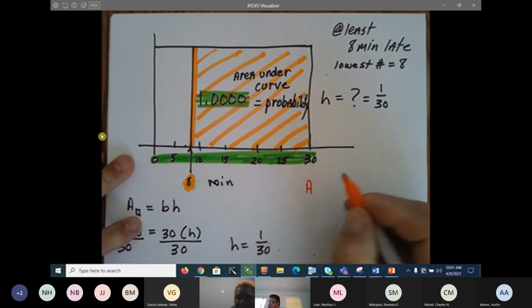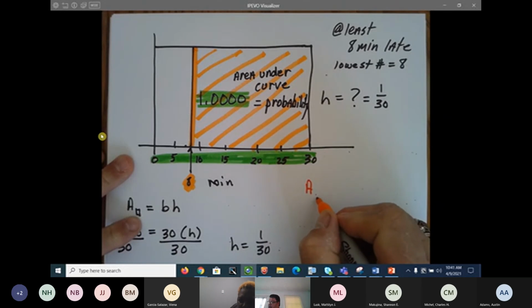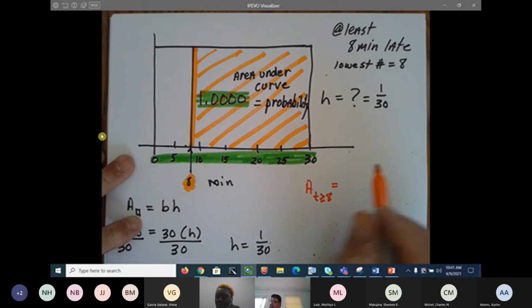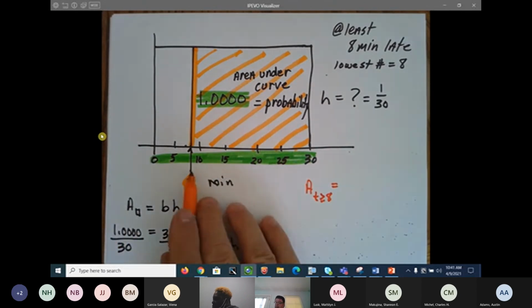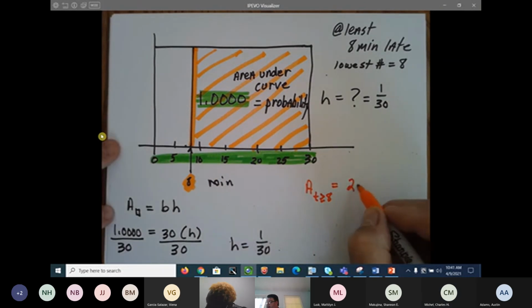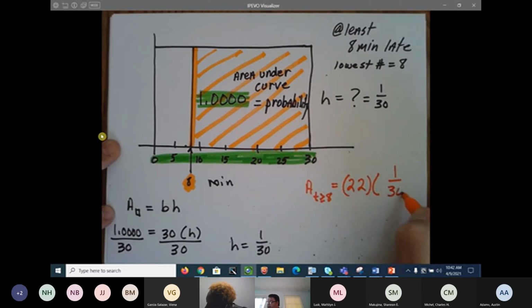Area of 8 or more, t is greater than or equal to 8, is equal to base. What's 30 minus 8? 22. So the base is 22 times 1 over 30.